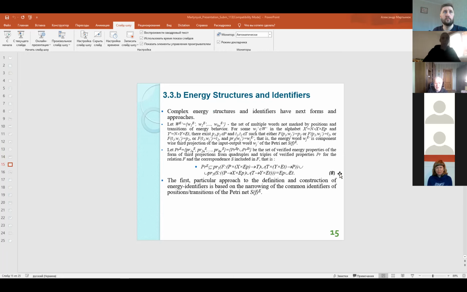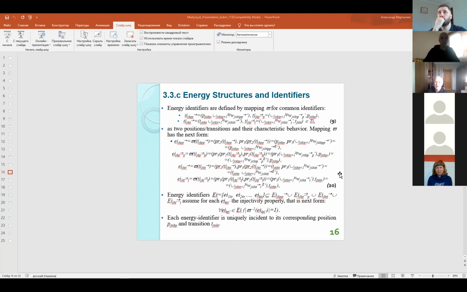The first particular approach to the definition of construction of energy identifiers is based on mirroring of common identifiers of position transition of PetriNet. Energy identifiers are defined by mapping for common identifiers as to position transition and their characteristic behavior.